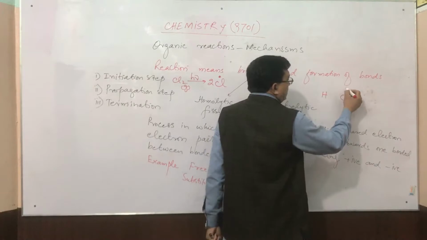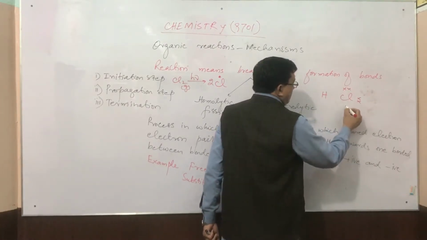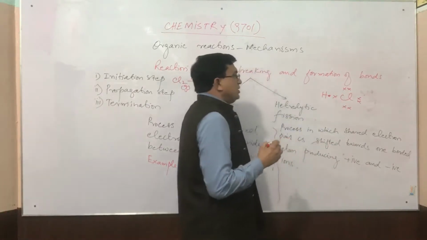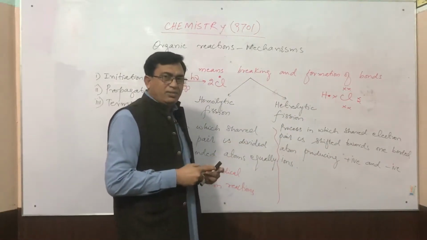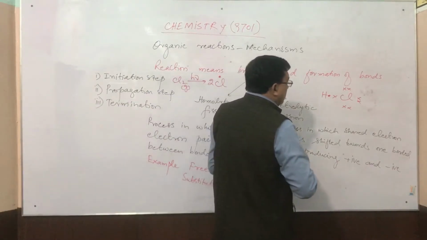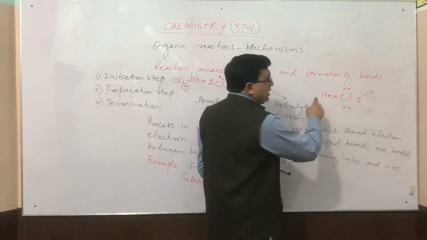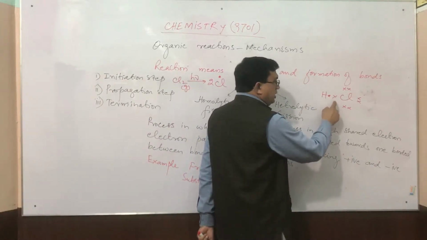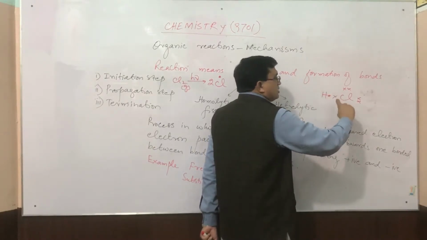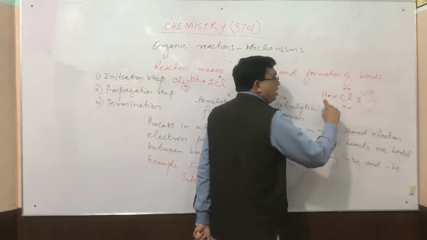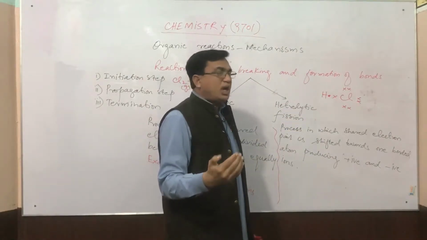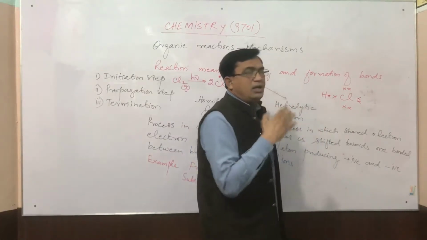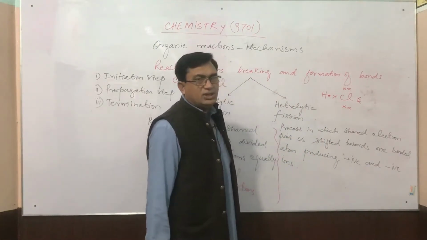We know that the last shell of chlorine contains 7 electrons and 1 electron is shared with the hydrogen atom. But chlorine is more electronegative than hydrogen, and the shared pair of electrons will spend more time around the chlorine side instead of hydrogen. This will create an uneven distribution of electron charge density.